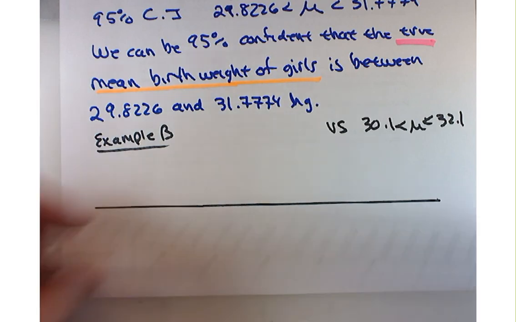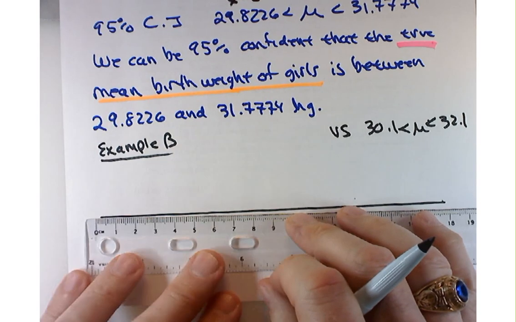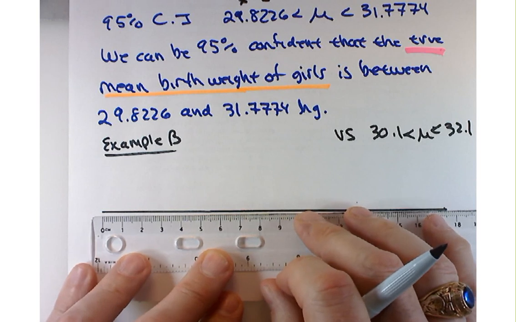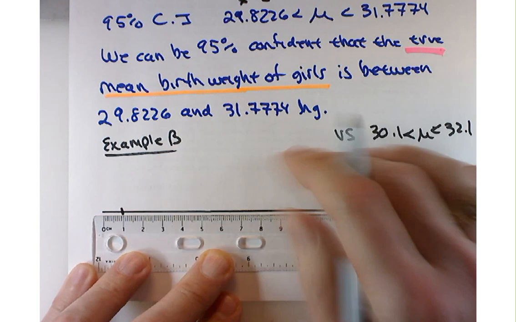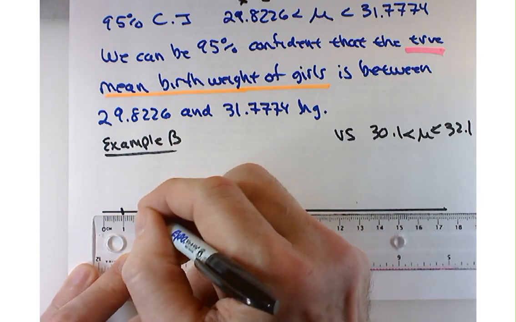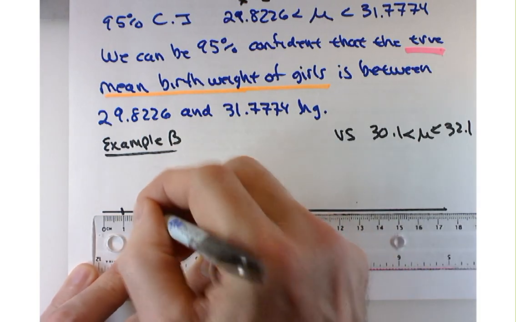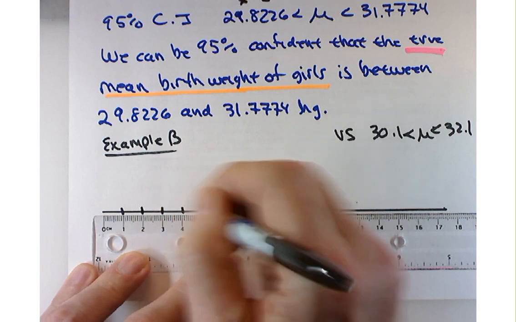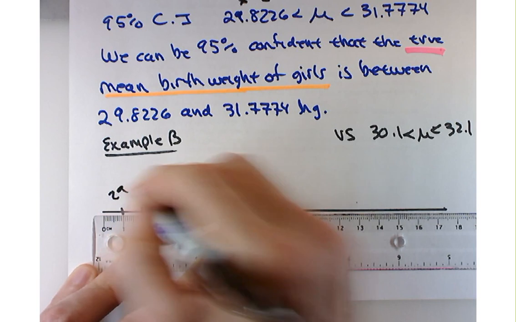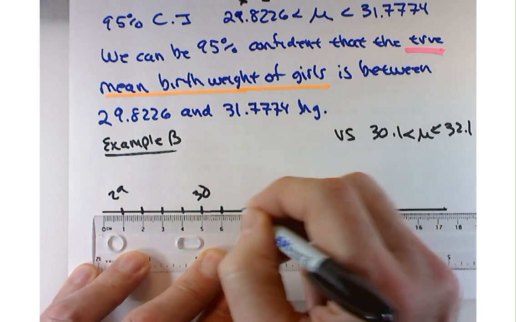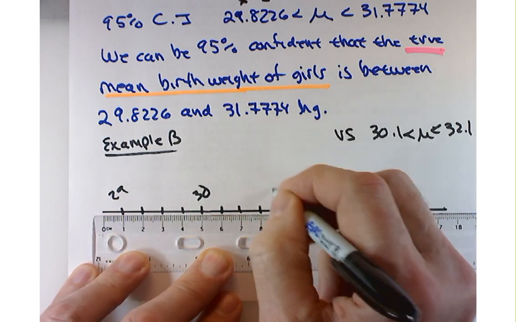So our confidence interval, let's do this. 29, 30, 31, 32.